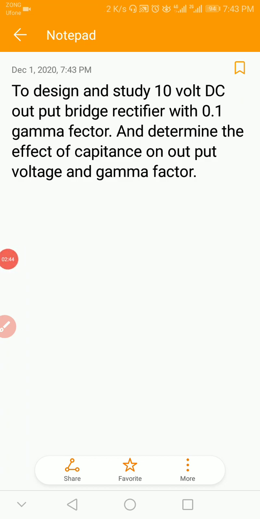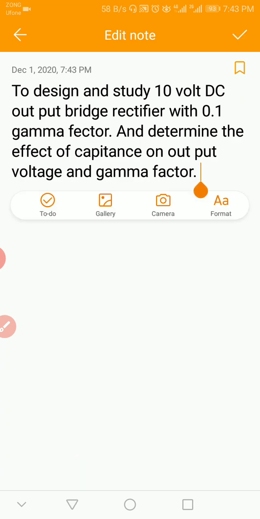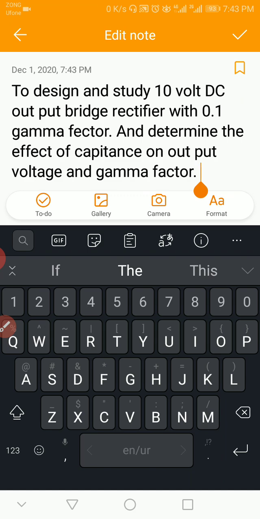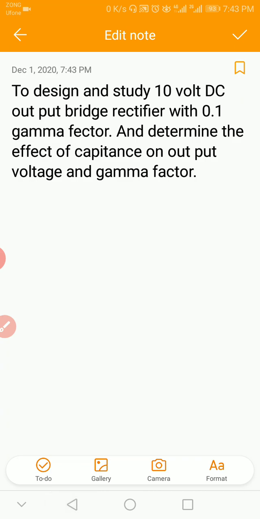Now the topic is, our experiment is in particular to design and study a 10 volt DC output bridge rectifier with 0.1 gamma factor or ripple factor, and determine the effect of capacitance on output voltage and gamma factor. As you know, for a range from 1 to 0.01, we use simple shunt capacitor filters.